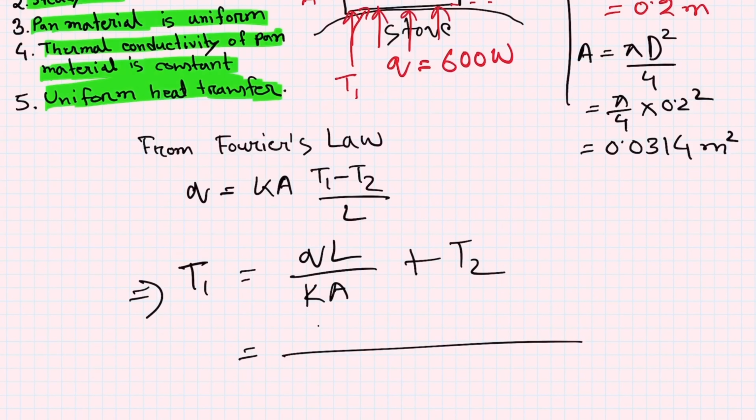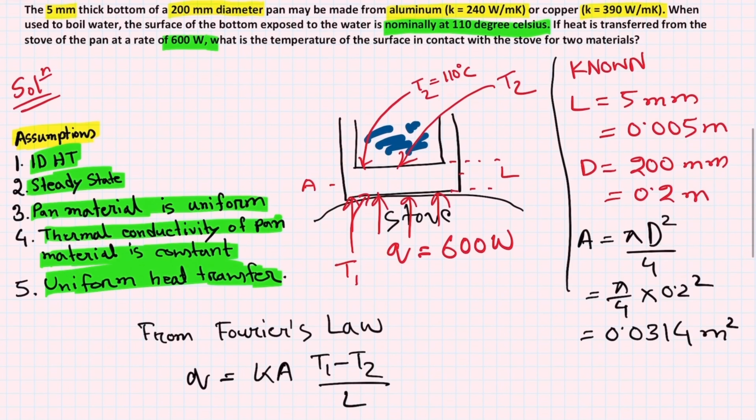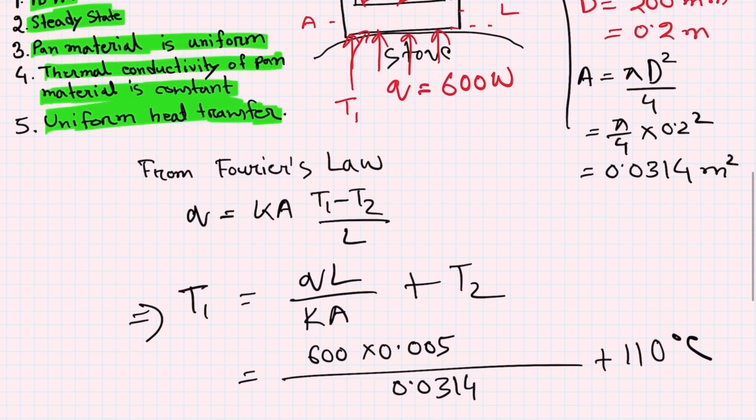So Q is 600 watts, L is 0.005 meters, and we have area which is 0.0314 in the denominator. We also know T2, which is 110 degrees Celsius. Now we wonder what our value of K would be, because we have two materials, aluminum and copper. This means we will have two results, so we should calculate two different T1s.